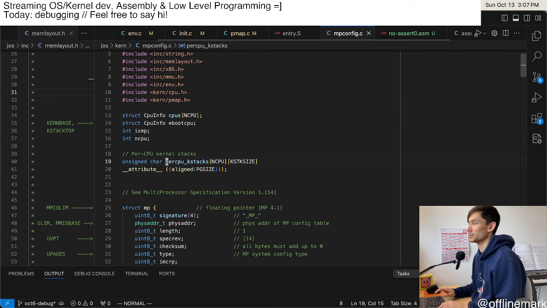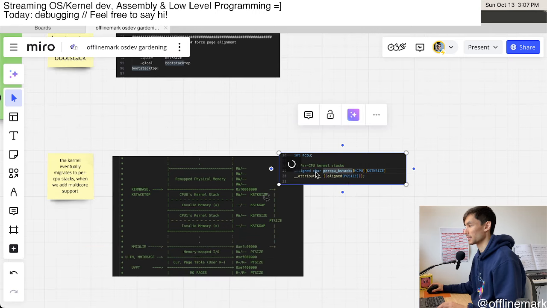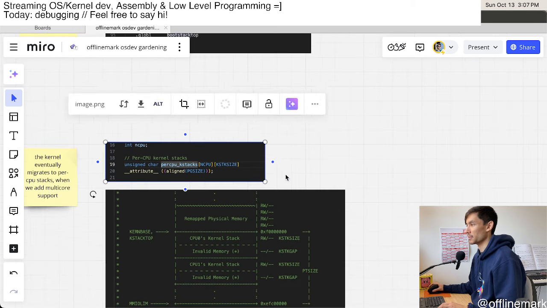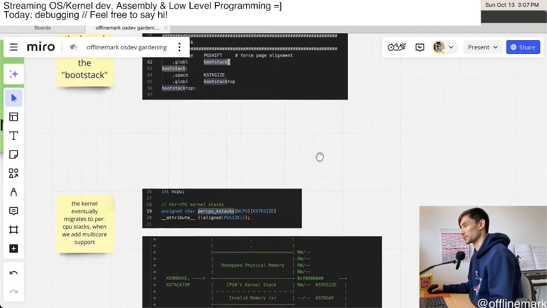Per CPU K stacks. Here is where we declare the other region. This is where we declare the memory for the per CPU kernel stacks, which uses a similar strategy.